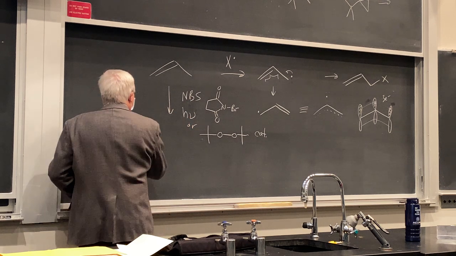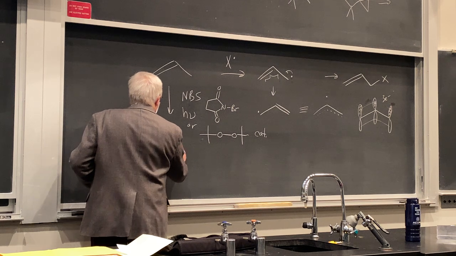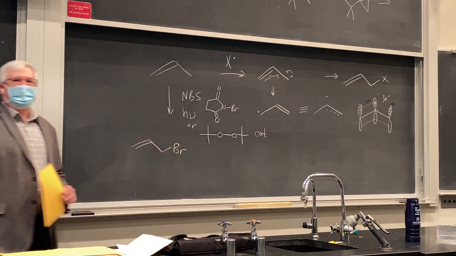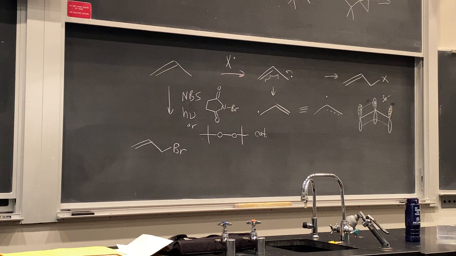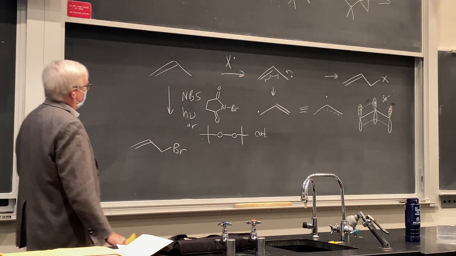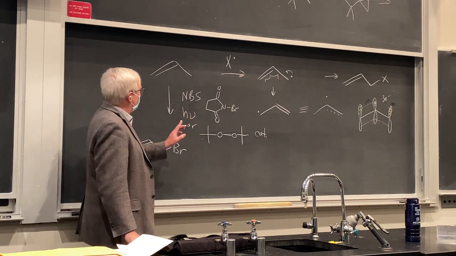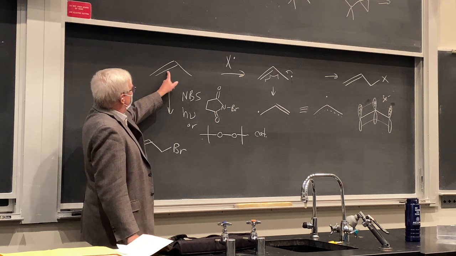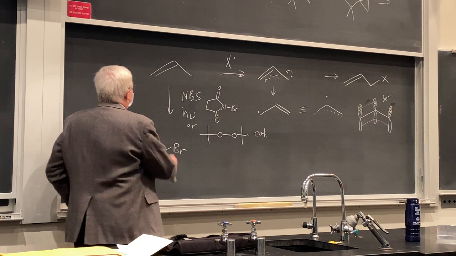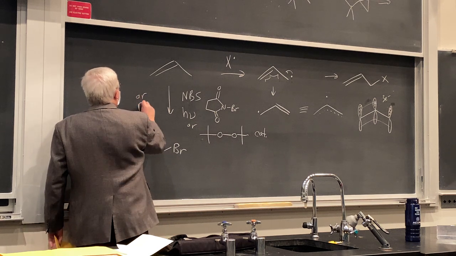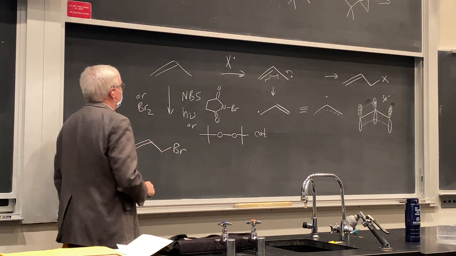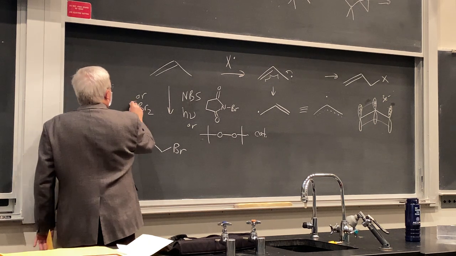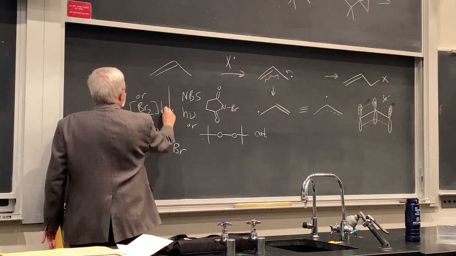And what you'll get is the allylic bromide, okay? So this is different. It's not molecular bromine, Br2. And if we use Br2, we might think, well, we would just do the dibromide here. But you can actually use bromine in place of NBS, but you have to keep the concentration very low.